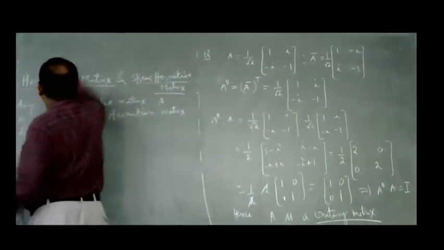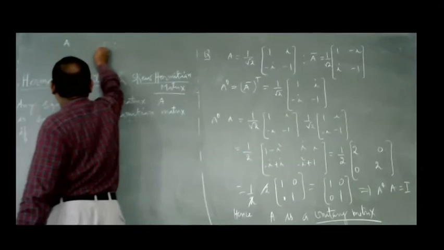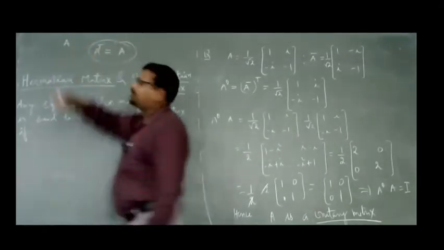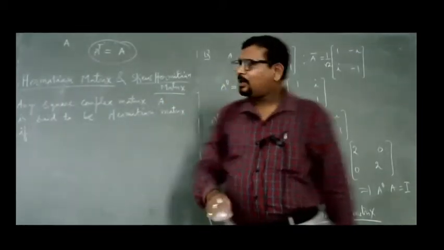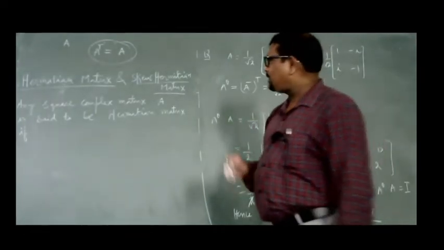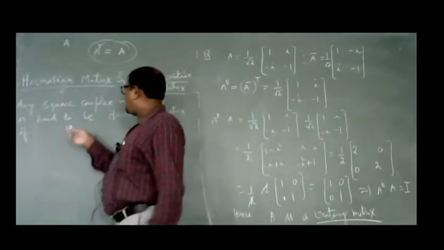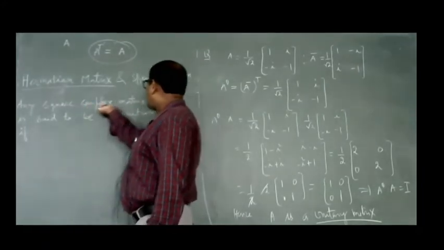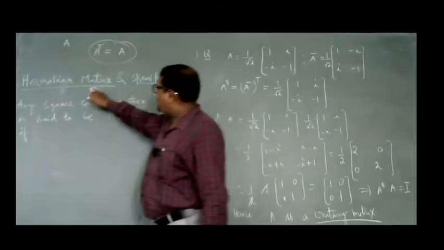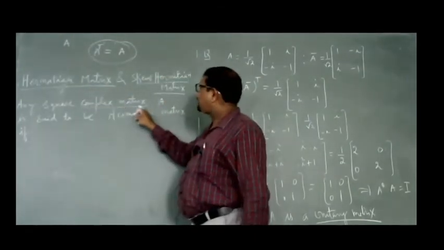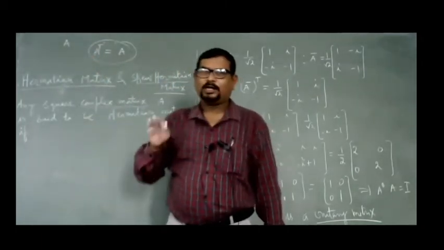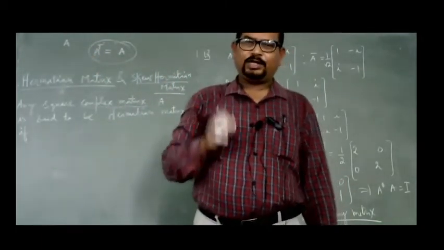Suppose A is a matrix and transpose of A is A, then the matrix is said to be symmetric. In the same way, the Hermitian matrix is also defined, but the elements of these matrices are complex numbers. So, the Hermitian matrix is applicable for complex matrices, whereas symmetric matrix is applicable for matrices which have real values, real numbers as entries.